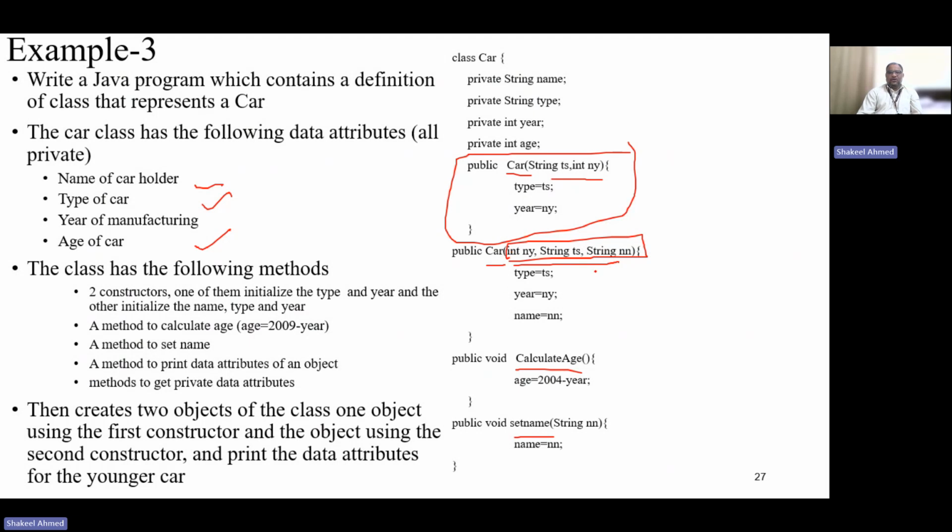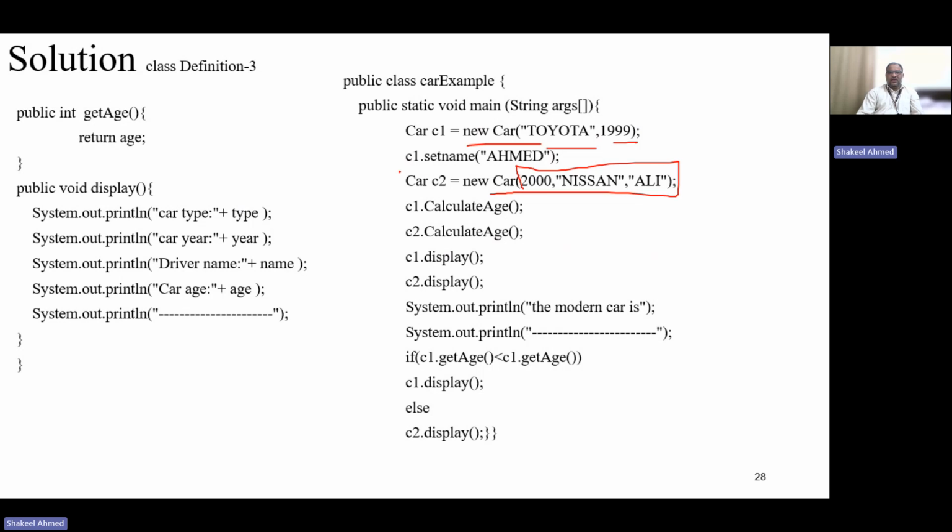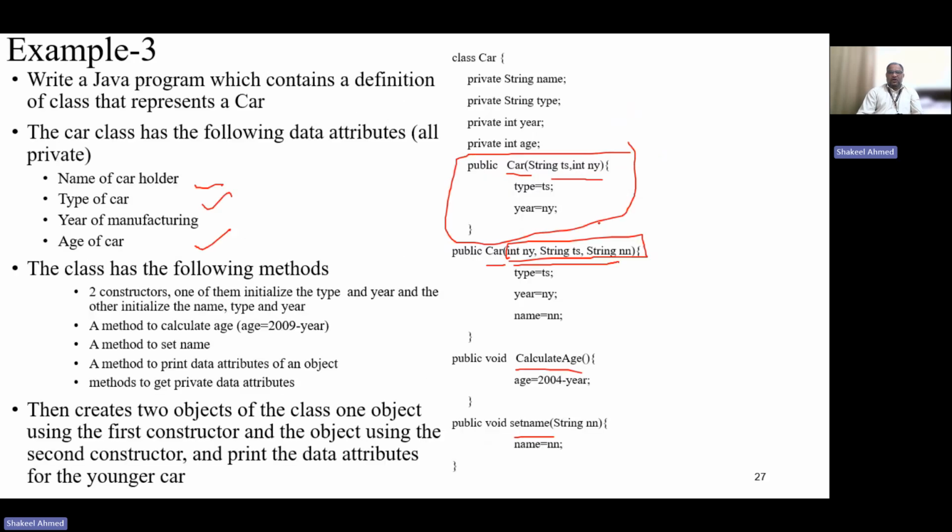For example, you call the reference with C1 and C2, and the appropriate method will be called. Here you want to find out which car is the more modern car. Based on the year, it will tell you which car has what year. Here you have 1999.